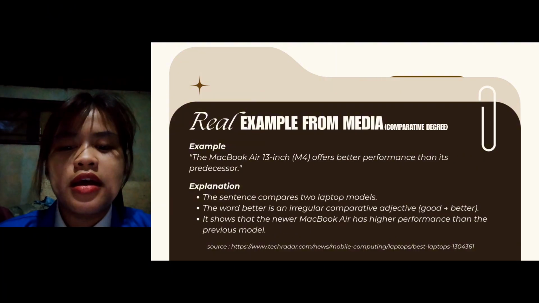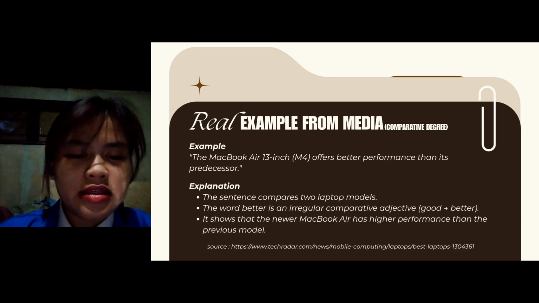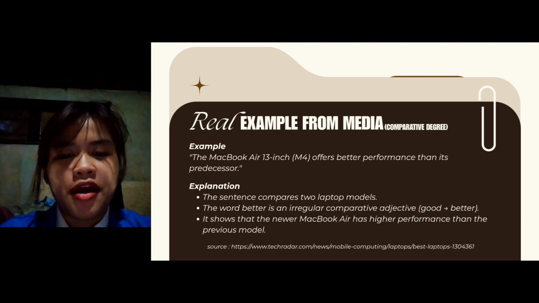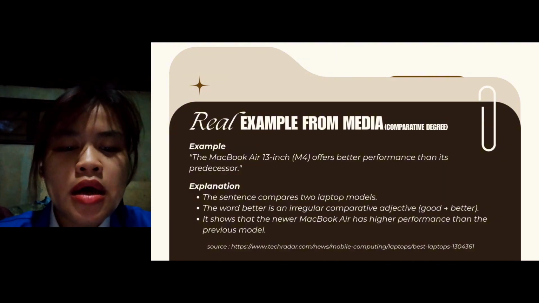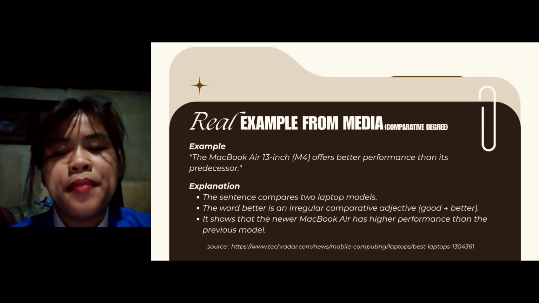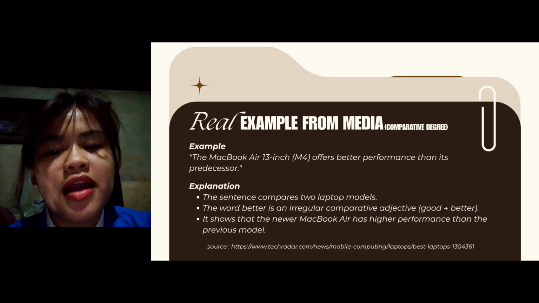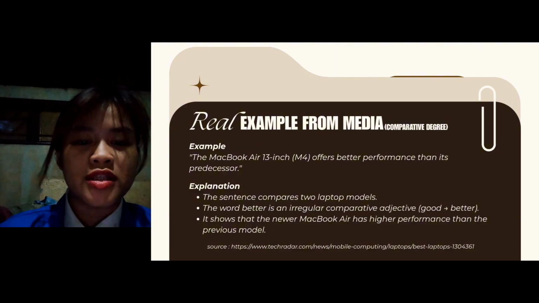Second is comparative degree. This is a real example from media for comparative degree. The MacBook Air 13-inch M4 offers better performance than its predecessor. Why is it comparative degree? Because there is the word better in the sentence.